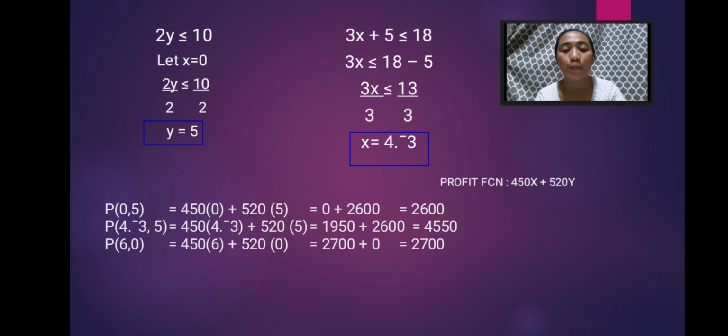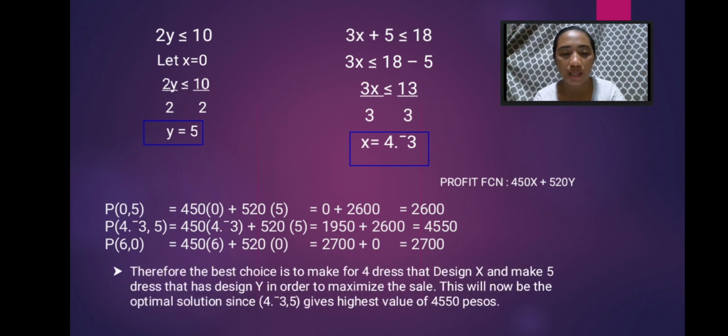As we can see, our problem is maximized, so we conclude that P of (4.3, 5) is our highest value, which is 4,550.